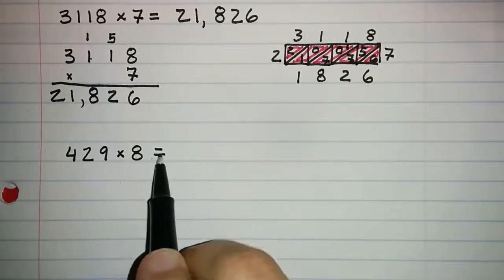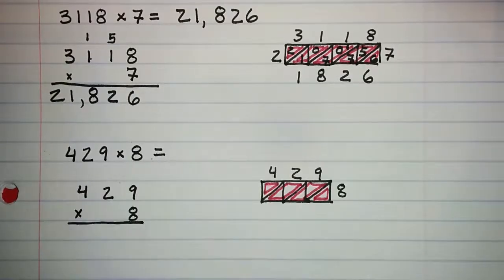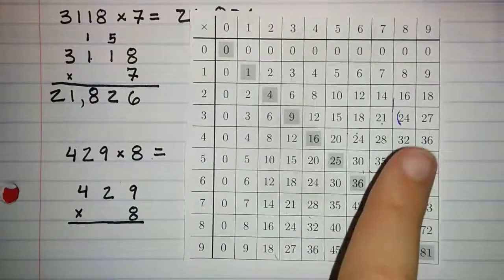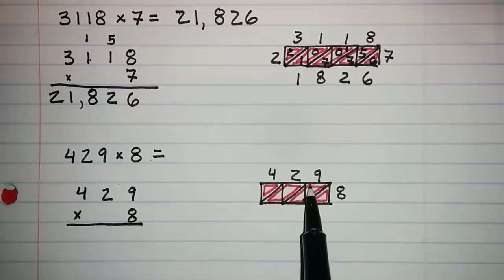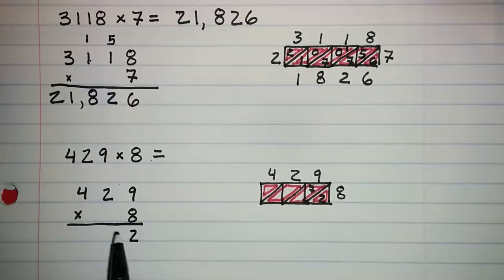Let's see another example where things mix a little bit more. Suppose we want to multiply 429 times 8. So we multiply 8 times 9 is 72. Here I write down 72. Here I write down 2 and carry the 7.